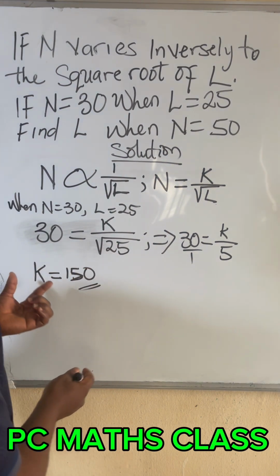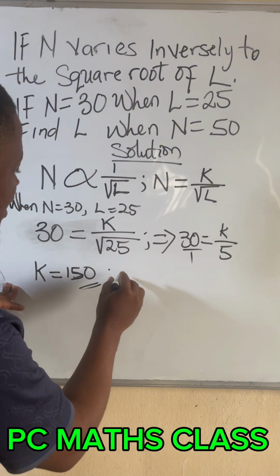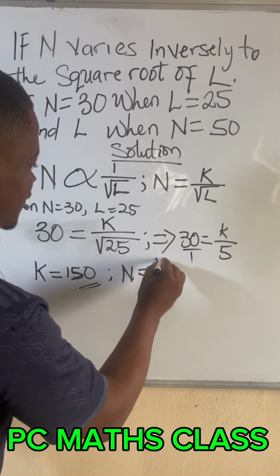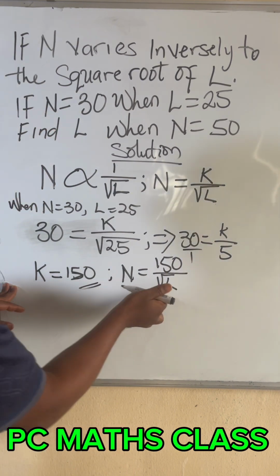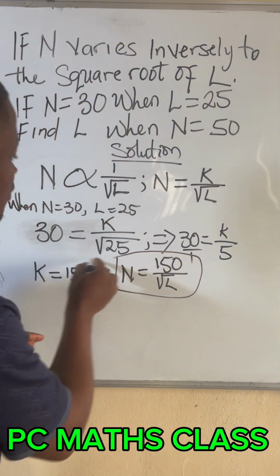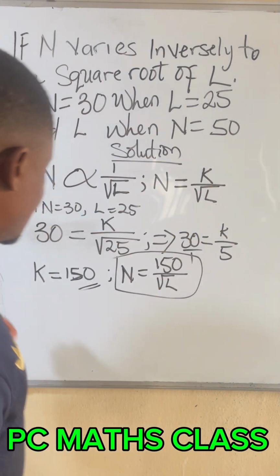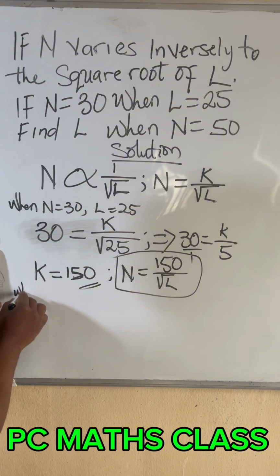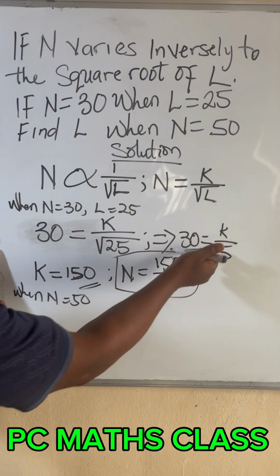Now the relationship between n and L is going to be that n is equal to k, which is 150, divided by the square root of L. With this information, we can now get the value of L when n is 50. So let's do that. Using the same formula here, when n equals 50, we substitute.